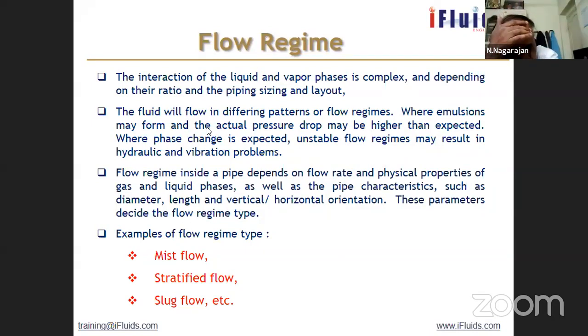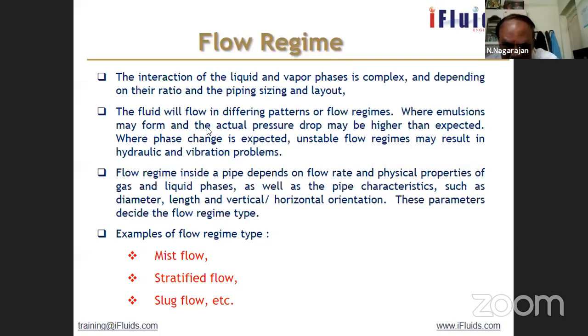The same thing can happen inside the pipe, where liquid is distributed like small droplets in the gas phase. Stratified flow means you have one layer of liquid, and above that you have a gas layer. They segregate themselves within the pipe. In a horizontal pipe, you will see the liquid flowing at the bottom of the pipe and the gas flowing above it. That is stratified. Slug flow means that in gas pipelines, the liquid may form a slug.